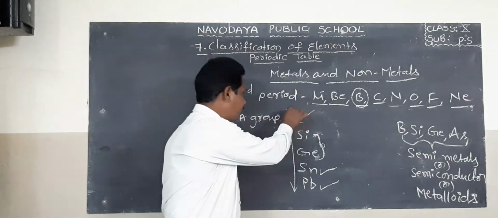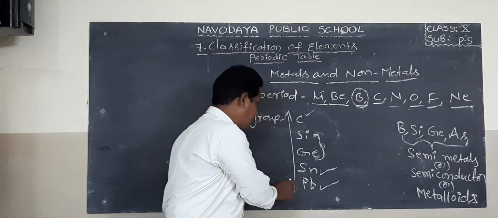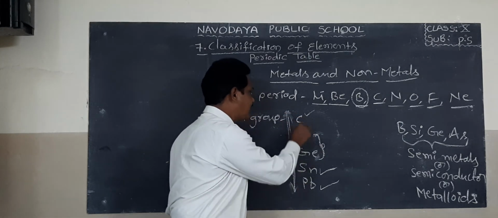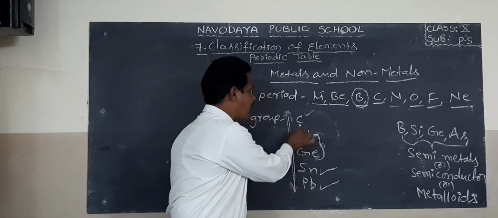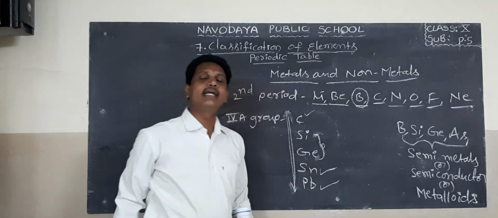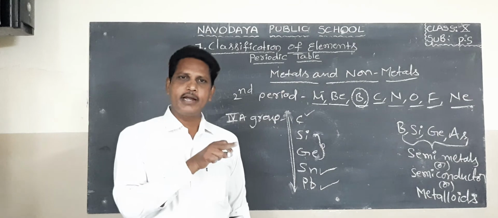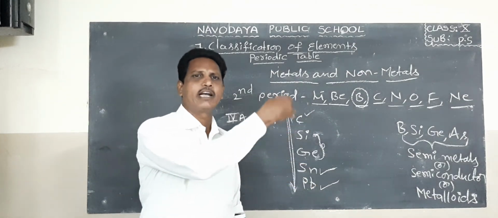So top to bottom in any group, metallic property increases, non-metallic property decreases. Okay students, left to right in a period, metallic property decreases, non-metallic property increases.